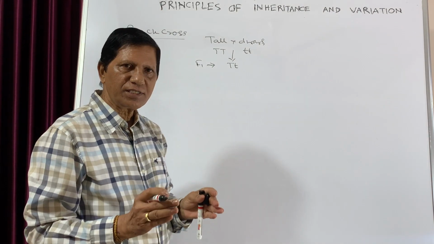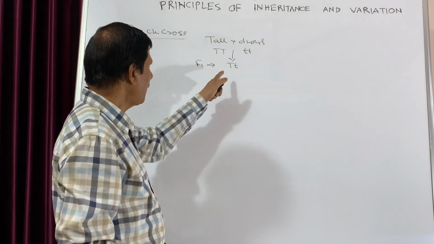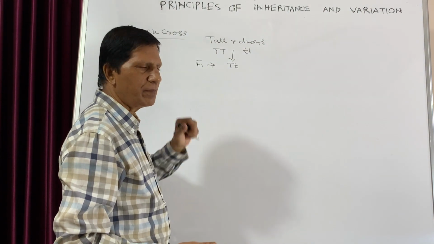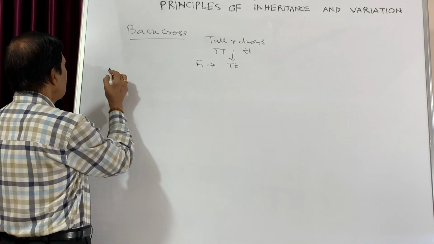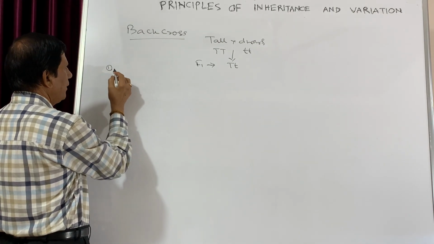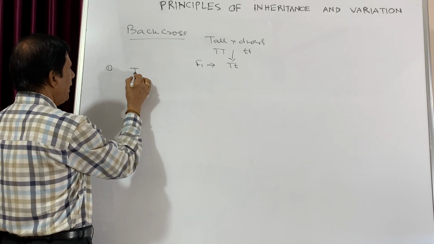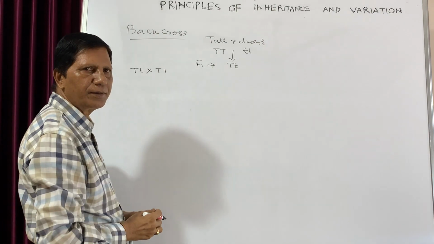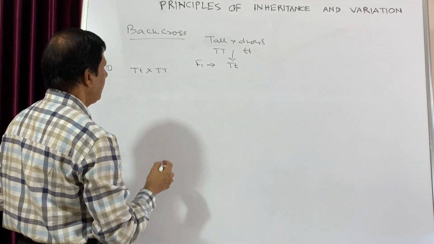That means backcross is again of two types. One with the dominant parent and the other with the recessive parent. So, number one, the F1 hybrid is crossed with the dominant parent. What will we get?